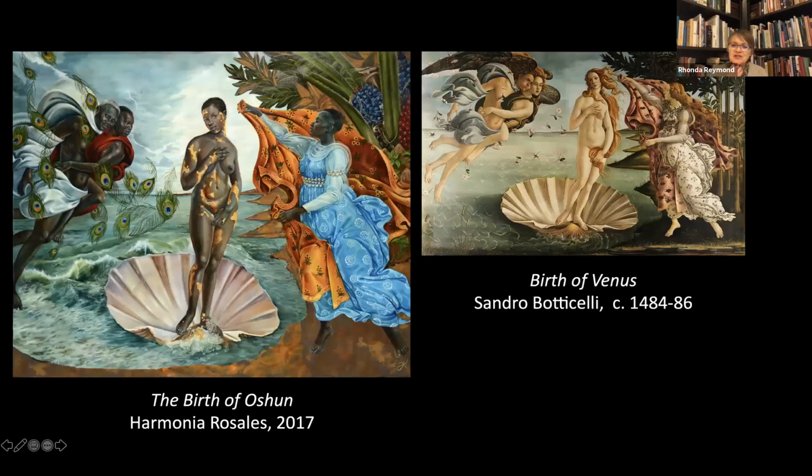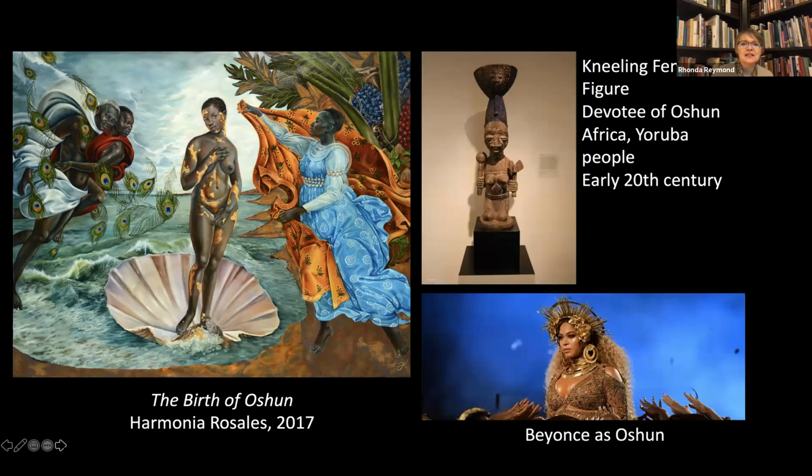Here is a relatively new young artist, Harmonia Rosales, and she also is working in this way. She did the creation of Adam, and here the birth of Ocean. Some of you may have seen some of Beyonce's work, so there's a couple of references here that you can make to that.